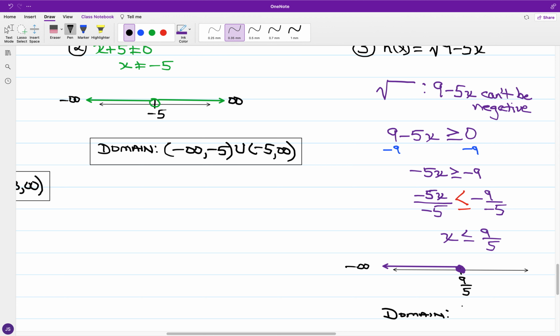For the domain, we're going from negative infinity up to and including 9/5. Around the 9/5 this time, we're going to have a bracket.